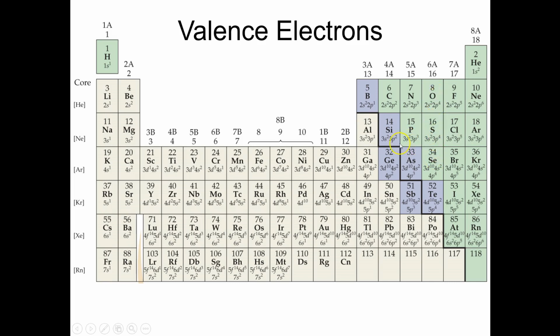Group 6, not counting the transition metals, ns2 np4. Etc. This is one of the critical things when it comes to understanding why everything in the same group has the same number of valence electrons. It's because everything in the same group has the same electron configuration at the valence level.